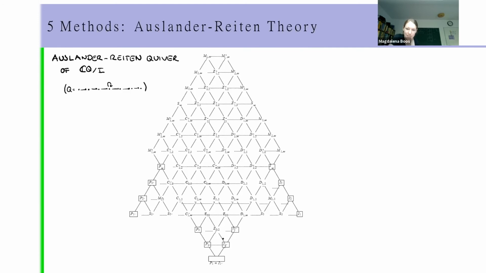I want to show you one. This is the Auslander-Reiten quiver of the quiver which we just looked at, but now n is 7, I guess. So we have 1, 2, 3 vertices going in, and 1, 2, 3 going out, and in the middle we have the loop.